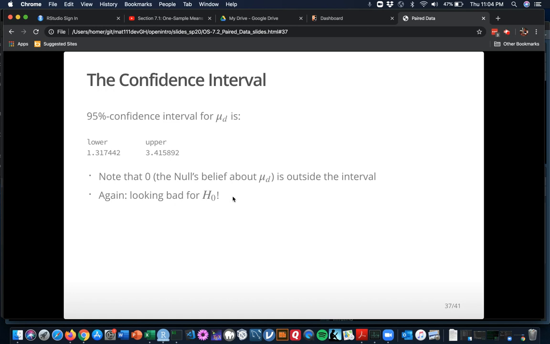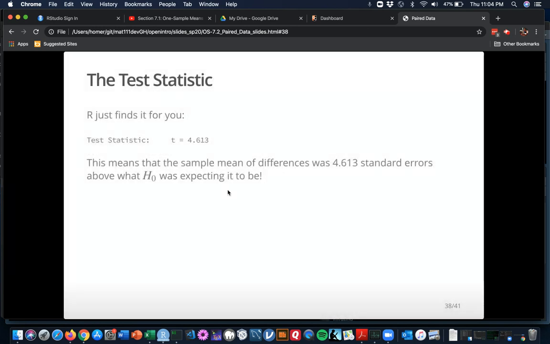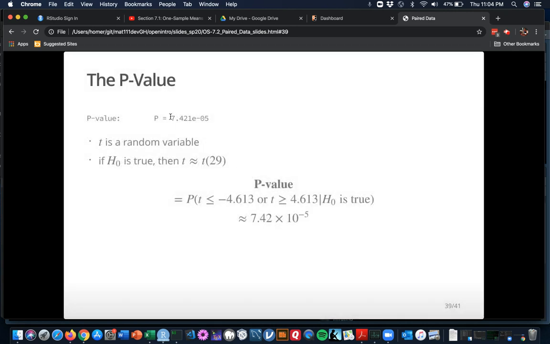So it's looking bad for the null. If you think of it in terms of the test of hypothesis, the test statistic is 4.6 standard errors above what the null is expecting. And if you head for the p-value, it's 7.42 times 10 to the negative 5.